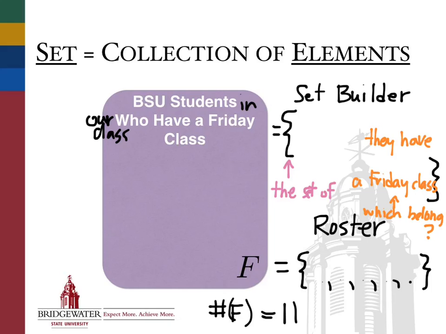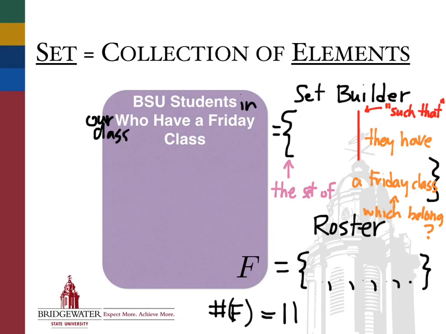But I've left a gap here at the beginning because we have to do one more thing in set builder notation. And we separate the first thing from the second thing with a vertical line. A vertical line is often translated in an English sentence as something like such that, because it separates the conditions for membership in a set from the qualifications, from the entire pool of elements that we're selecting from.